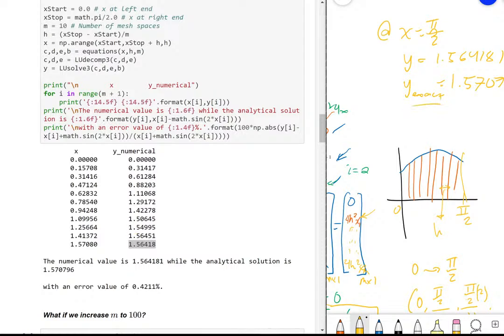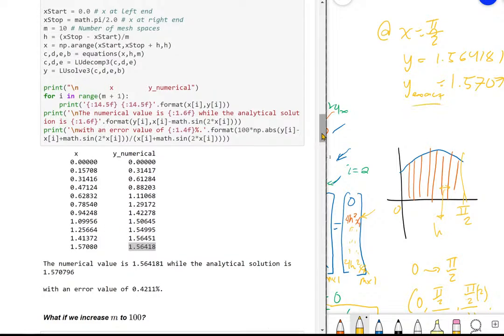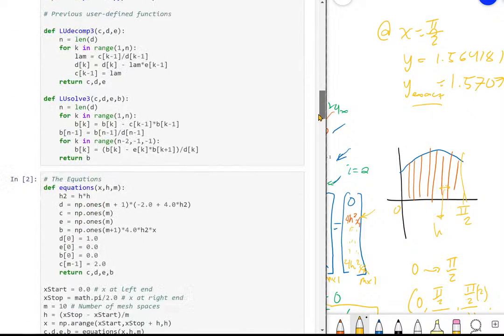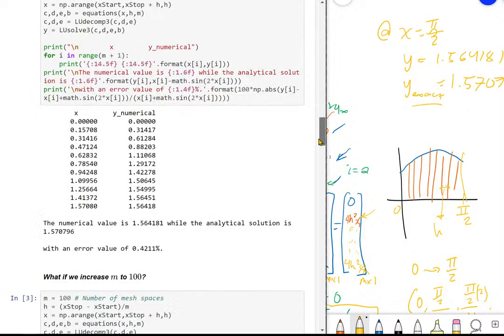This exact comes from solving it analytically, but our answer here is 1.56. If you ask me which one is exact, of course the analytical solution, but computers cannot do analytical solutions.